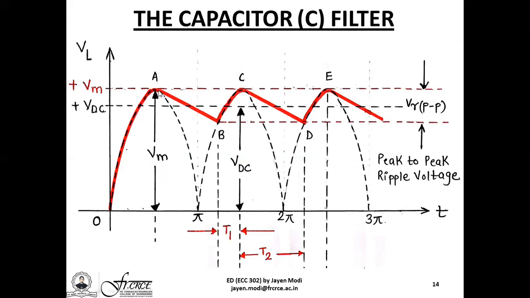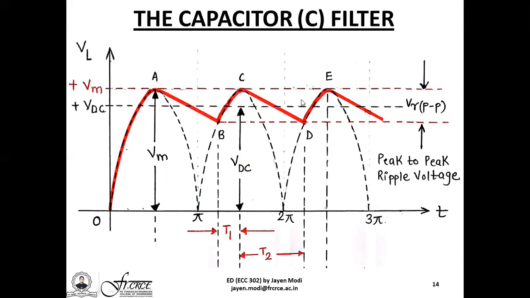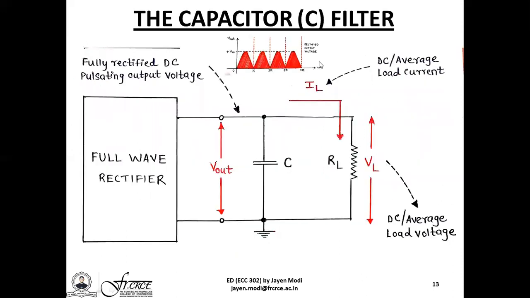So from point A, although the voltage is decreasing to point B, it is once again restored to its original value at point C. And at point C, again, as the diodes slowly become reverse biased because the signal is now decreasing, the capacitor will again start to discharge and come down to point D. Before the capacitor can discharge completely, the voltage is again picked up by the third half cycle, and this voltage will again reach from point D to point A. So this graph continues till we have each and every half cycle covered.